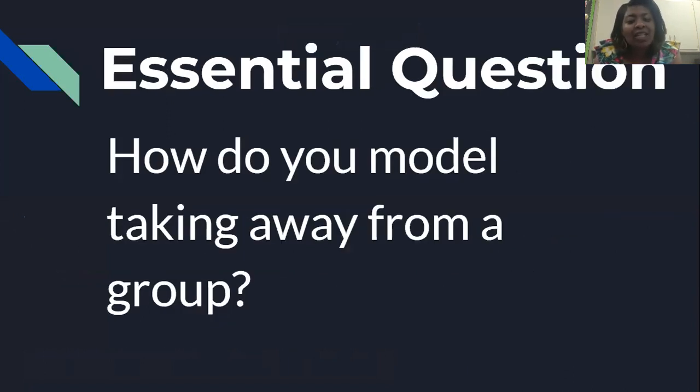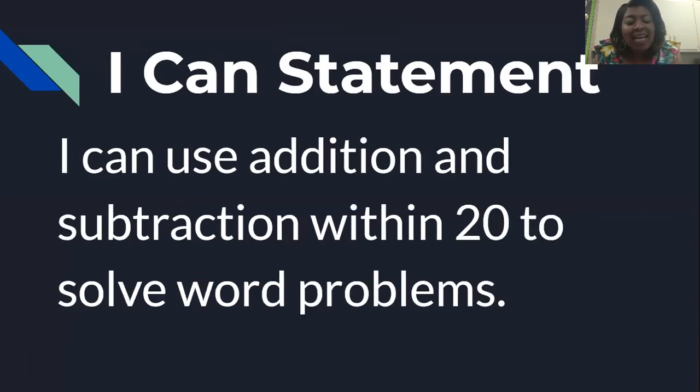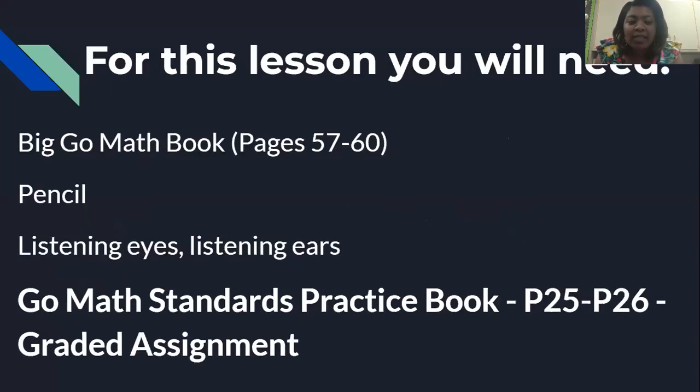Our essential question is, how do you model taking away from a group? This is our I can statement. This is what I believe you can do. I can use addition and subtraction within 20 to solve word problems.